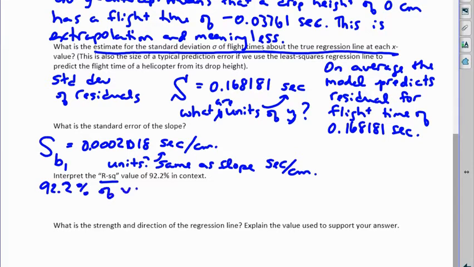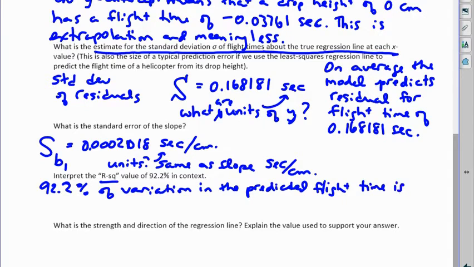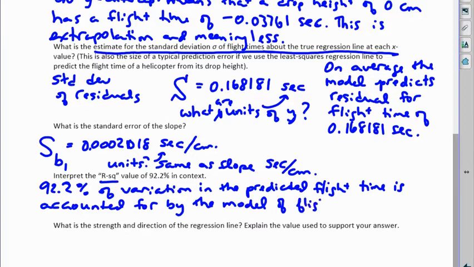R squared is about how much of the variation in the model. "92.2% of the variation in the predicted flight time can be described or accounted for by the model of drop height and flight time."